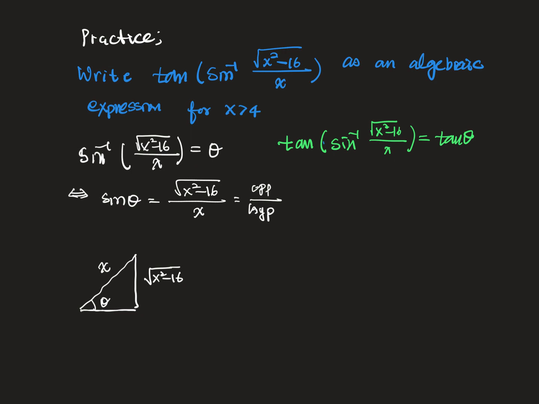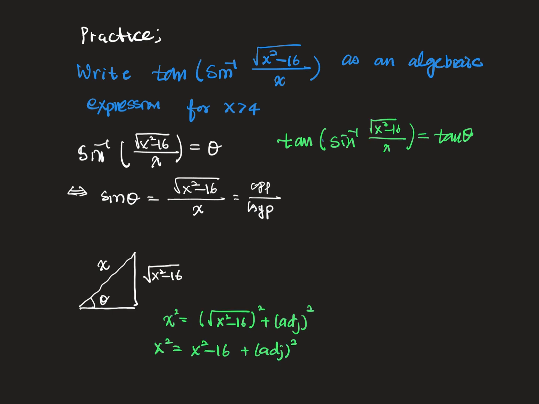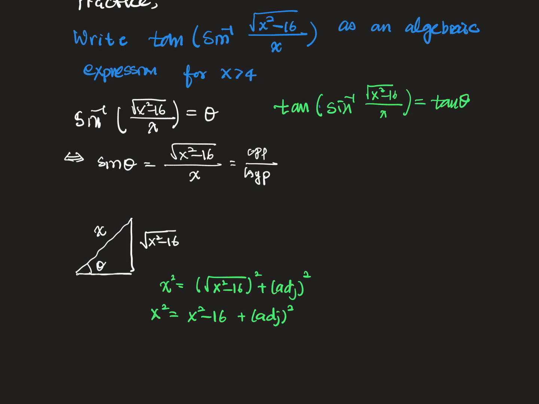So you use x squared equals the square root of x squared minus 16, squared, plus adjacent squared. So x squared equals x squared minus 16 plus adjacent squared. This means x squared cancels out, 16 moves over, 16 equals adjacent squared, meaning the adjacent is going to be 4. So you find it, this is 4.